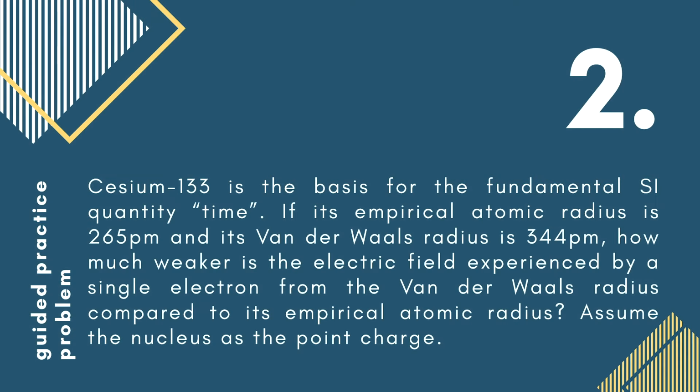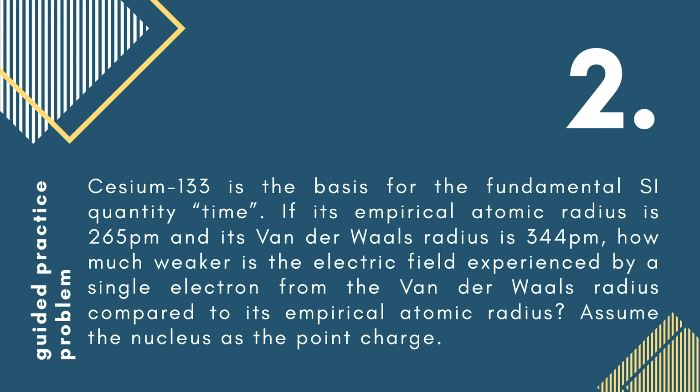We have a cesium 133 that is the basis for the fundamental SI quantity time. If its empirical atomic radius is 265 picometers and its van der Waals radius is 344 picometers, how much weaker is the electric field experienced by a single electron from the van der Waals radius compared to its empirical atomic radius?